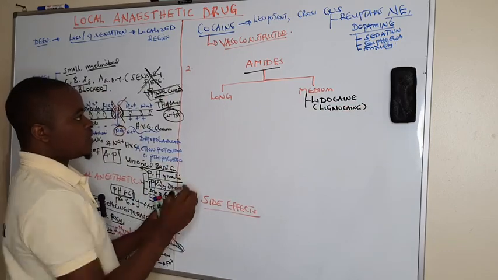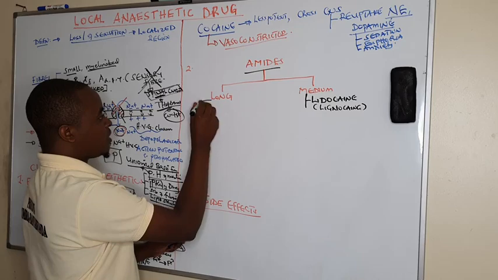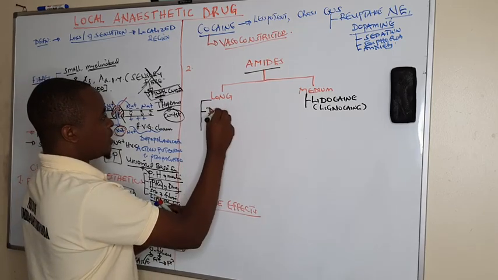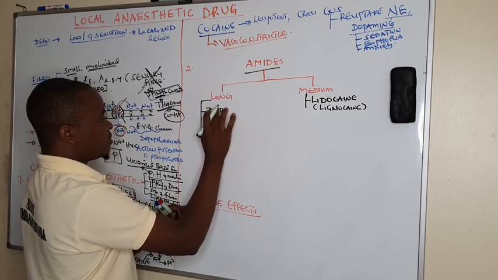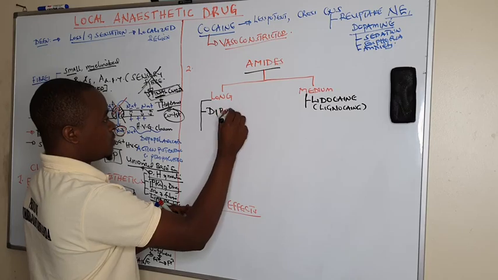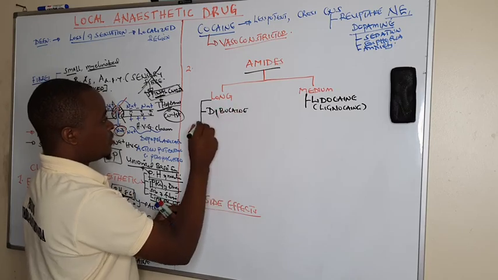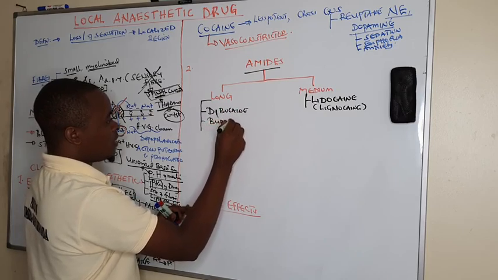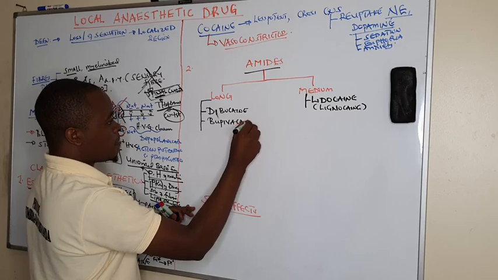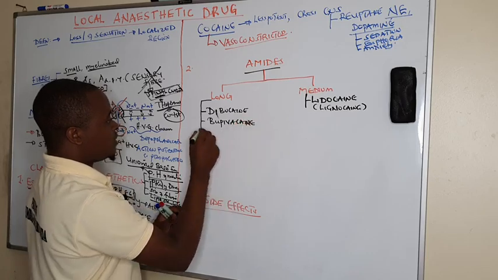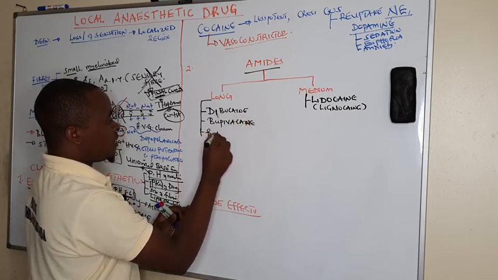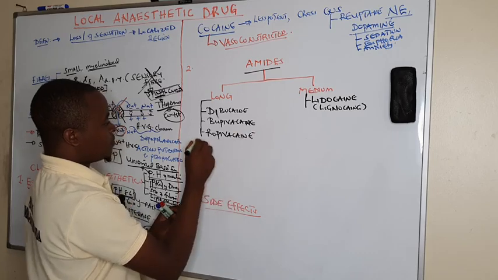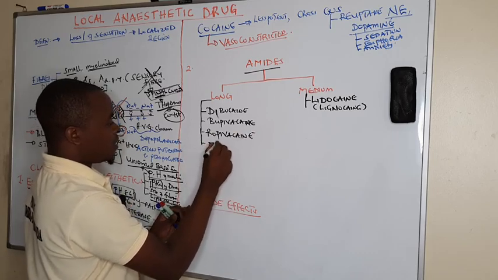Then among the long-acting, we're going to have examples of drugs like dibucaine, bupivacaine, ropivacaine, and mepivacaine.